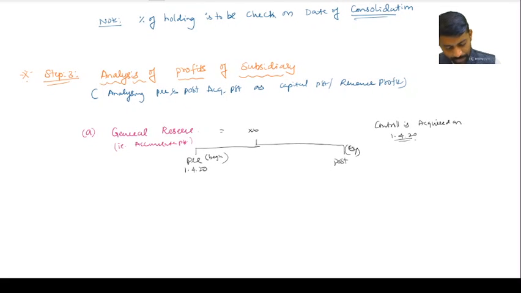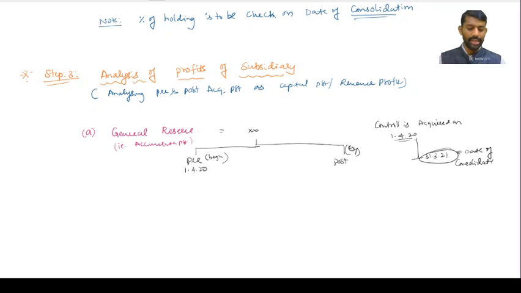So the financial year ends 31st March 21, this is the date of consolidation. So if you are preparing consolidation on 31st March 21, then the opening balance of general reserve on that day is completely pre-acquisition. After acquisition, we will compare the opening balance and closing balance.